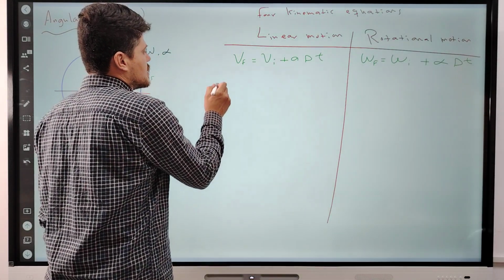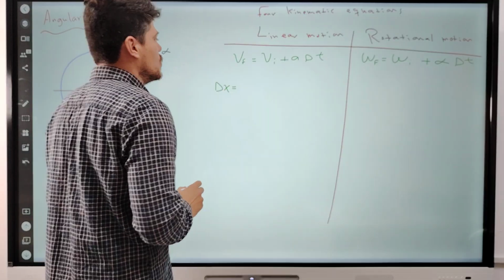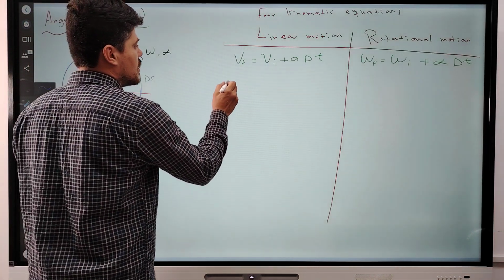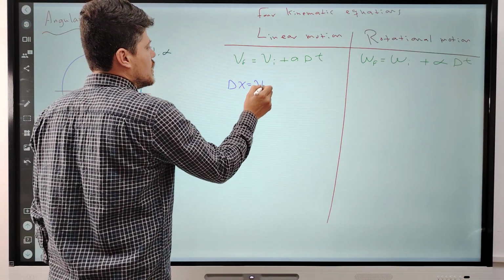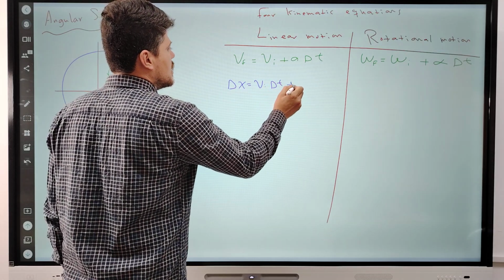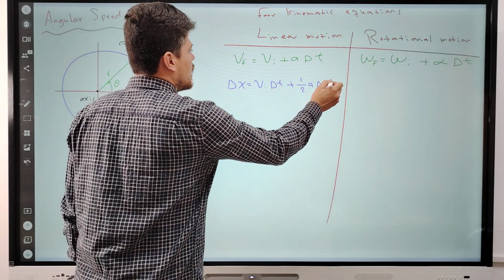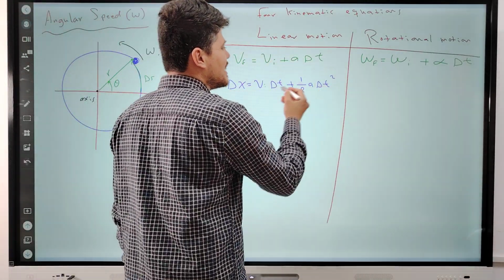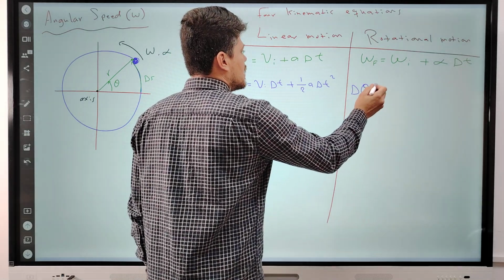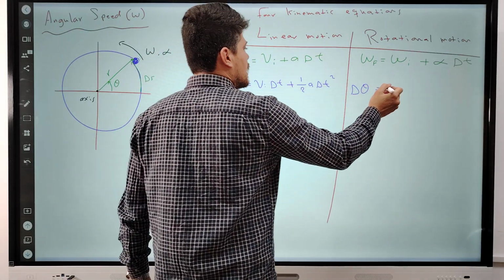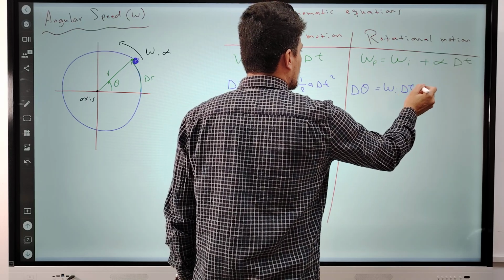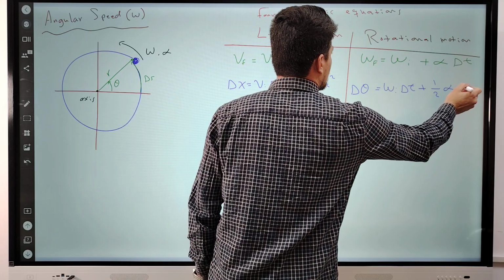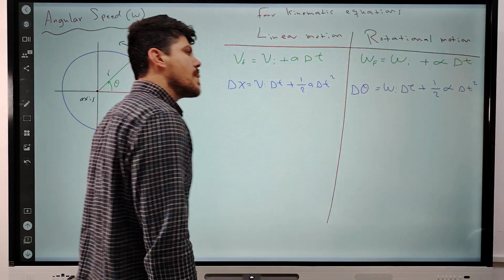The second equation is delta x is equal to v initial delta t plus 1 over 2 a t squared. This is for linear motion. But for rotational motion, instead of delta x, you have to write delta theta is equal to what? Angular speed initial t plus 1 over 2 angular acceleration t squared.